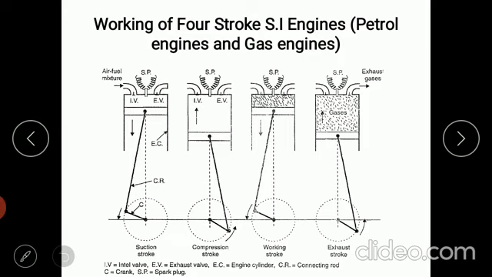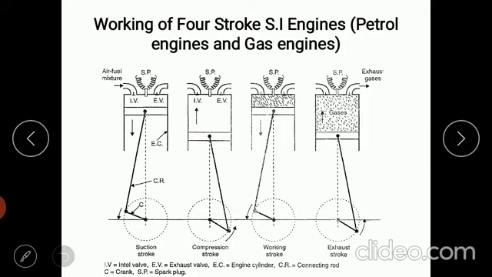Again, if any one of the valves is kept in an open condition during the expansion stroke, we will lose some amount of energy. For that reason, with the help of the valve mechanism, both the inlet valve and exhaust valve are kept in a closed condition. Again, the piston movement is from TDC to BDC. Then once it reaches bottom dead center, the burned gases should be expelled out of the cylinder.